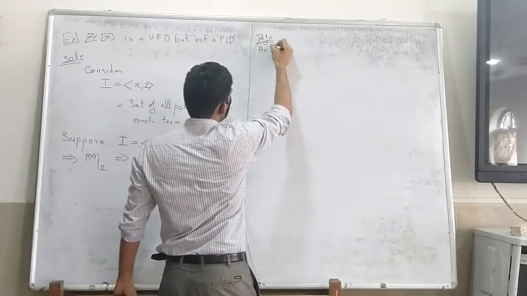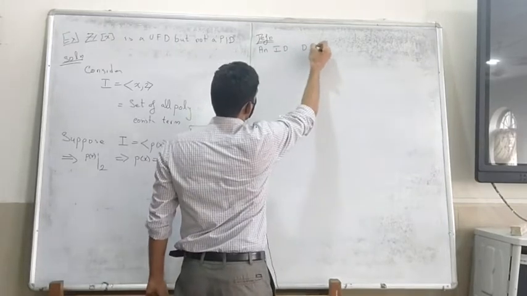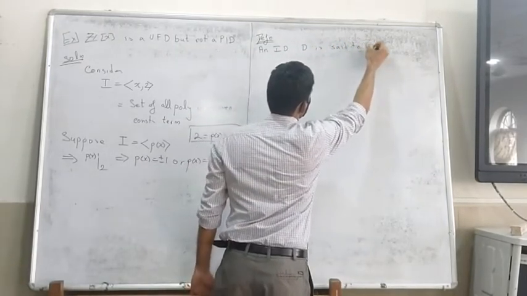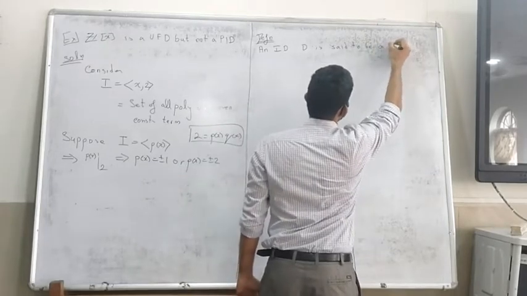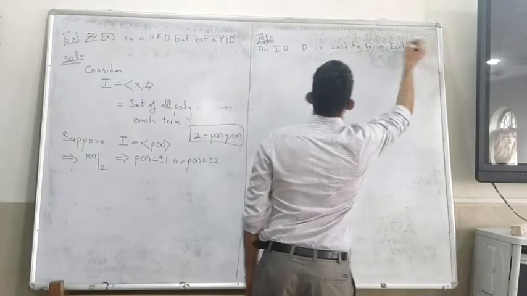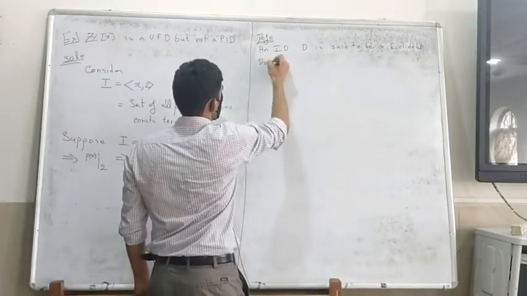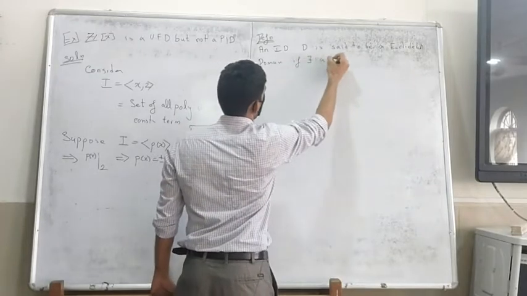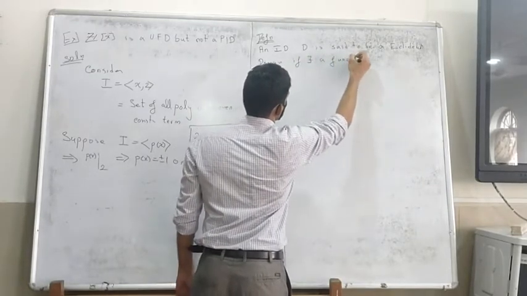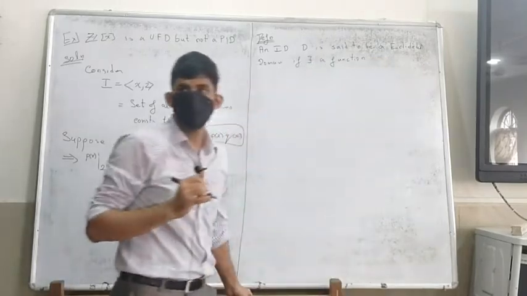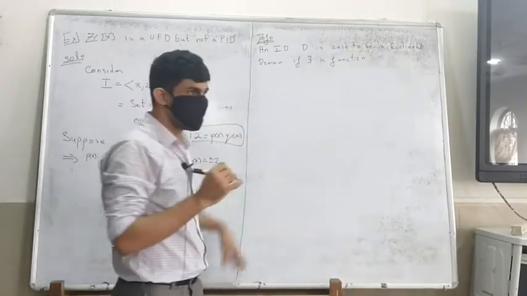An integral domain D is said to be a Euclidean domain if there exists a function, which we call the measure.